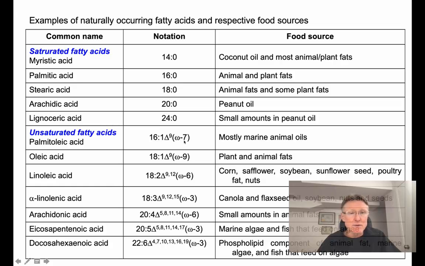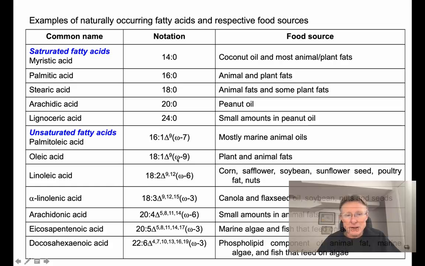Same thing for oleic, 18:1, and in the delta nomenclature it's at position 9. It actually coincides because this double bond is halfway along the molecule. So whether you use the delta or the omega nomenclature, no matter if you count from the carboxyl end or the methyl end, the first double bond shows up at position 9, and for that reason it's also called an omega-9.